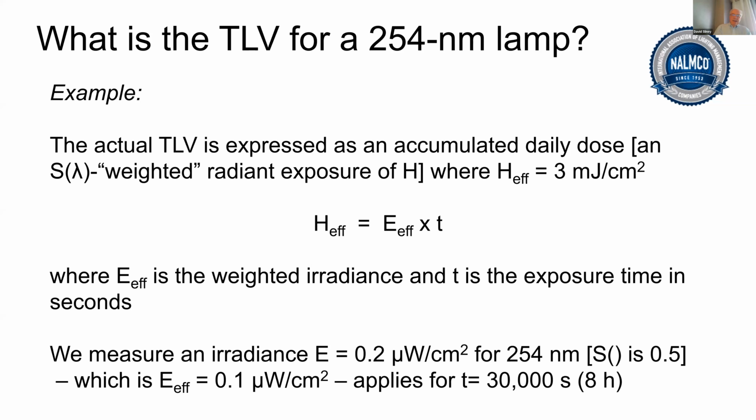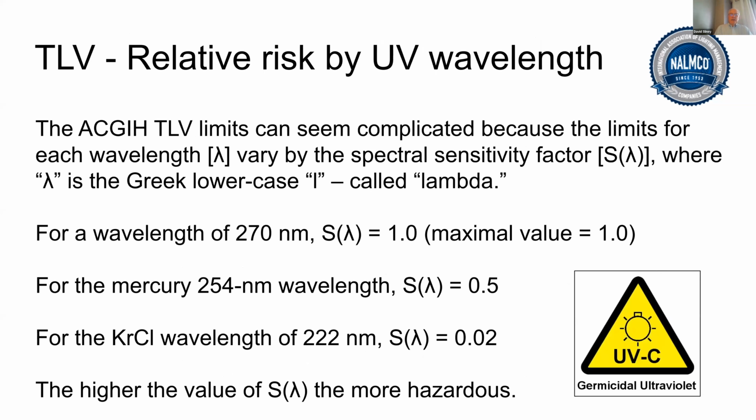And that's where S of lambda is a value of 1.0. So the ACGIH limits can seem complicated, certainly if you start with an unknown type of lamp source with many different wavelengths. But for the typical germicidal lamps that are widely used, it does work out to be something fairly simple.